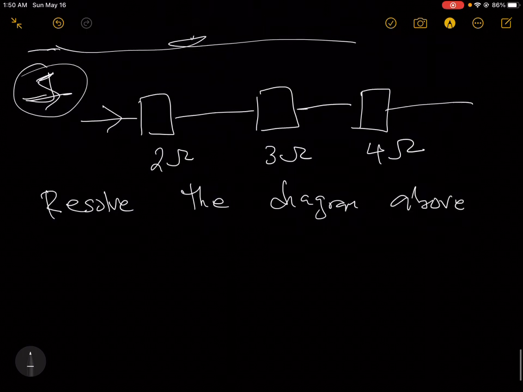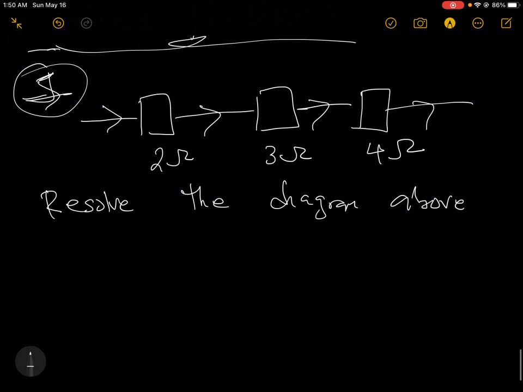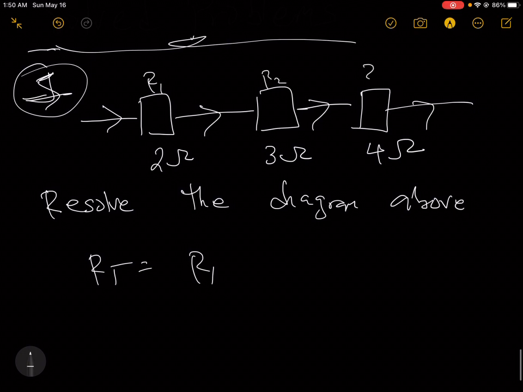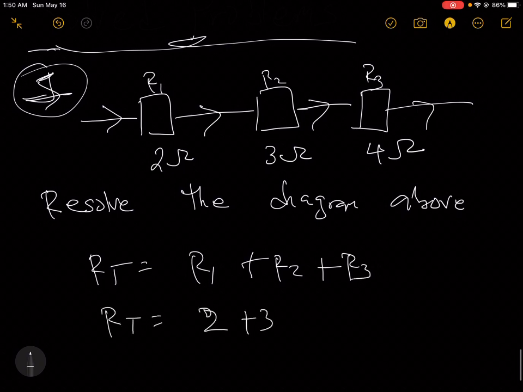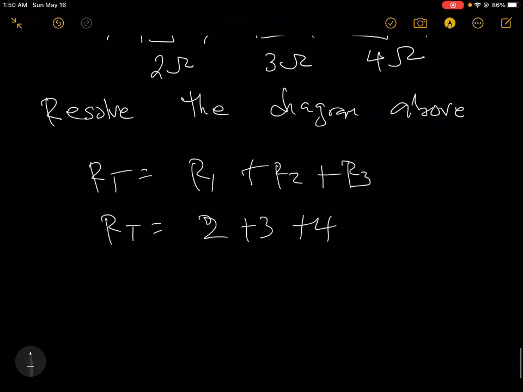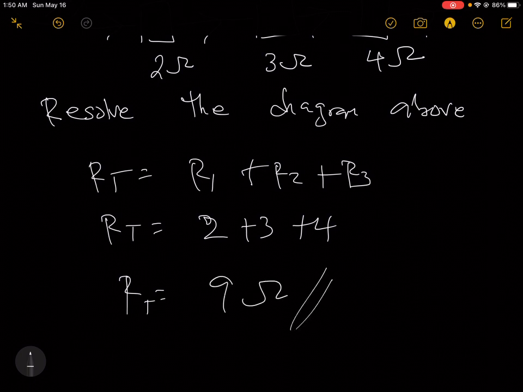This is a series connection, and in a series connection, RT equals R1 plus R2 plus R3. So RT equals 2 plus 3 plus 4. This is 5, this is 9, so 9 ohms. It's as simple as that.